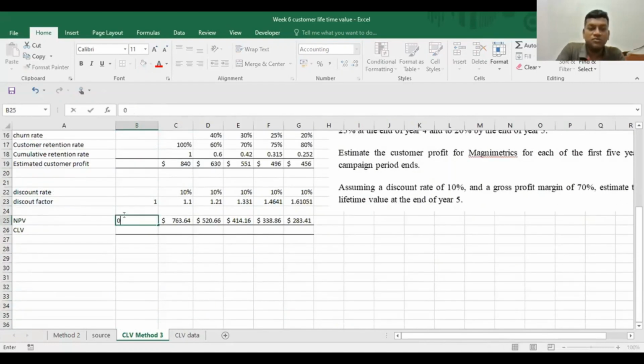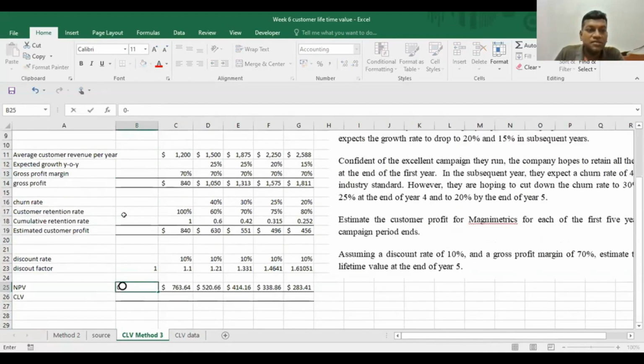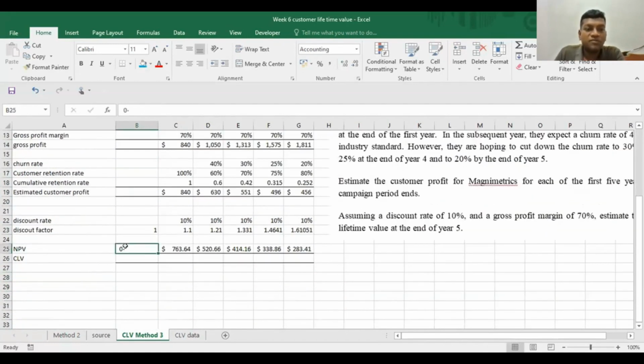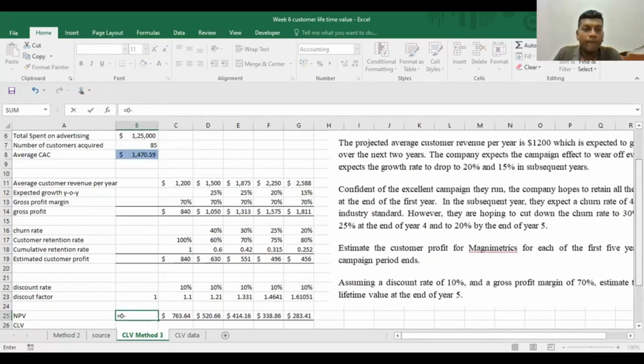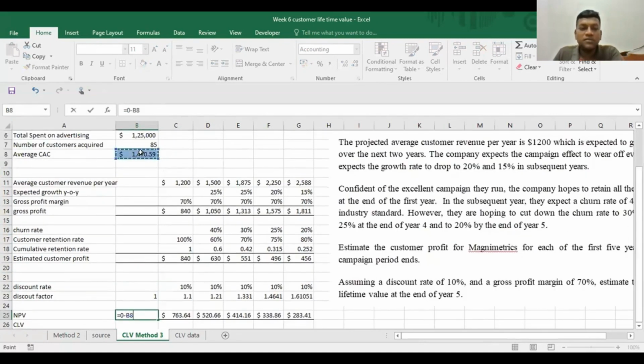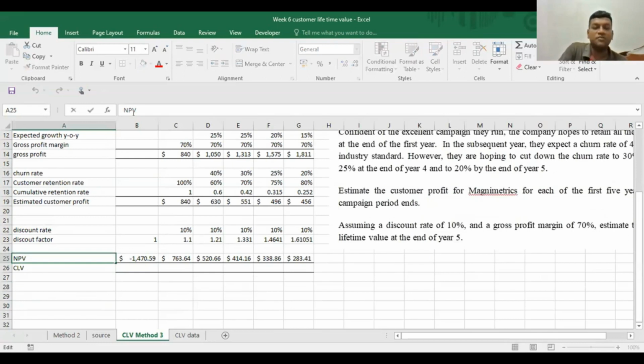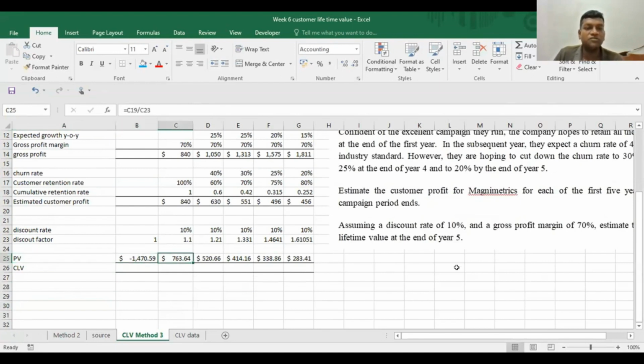Let me call it 0 minus that. Instead of calling it NPV, let me call it PV. It's just the present value of this number, and so on and so forth.